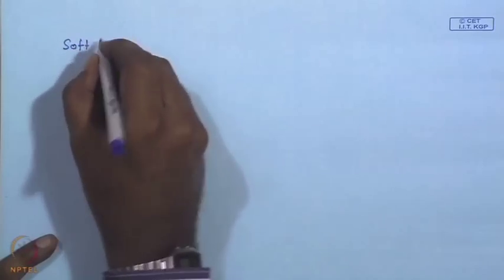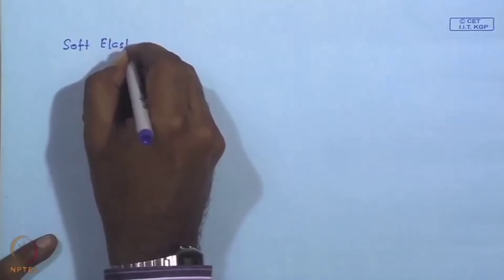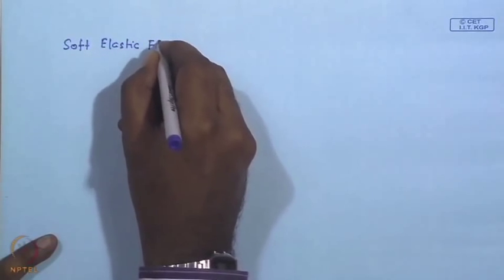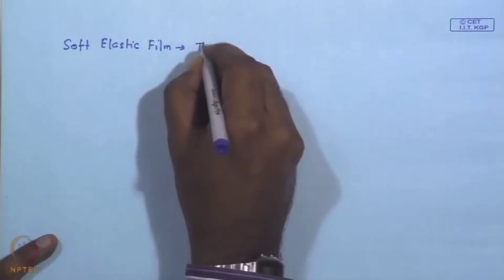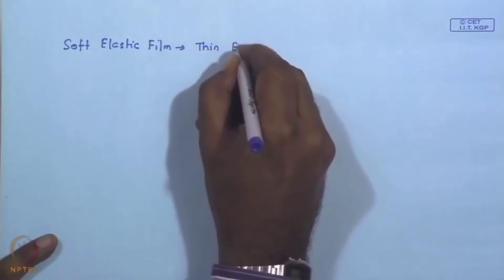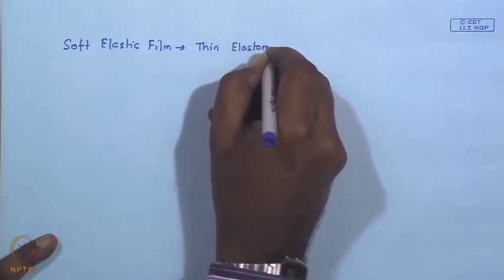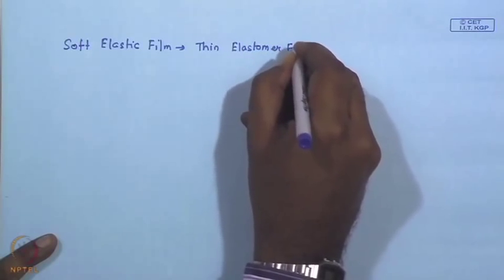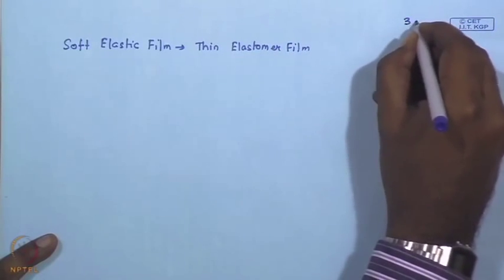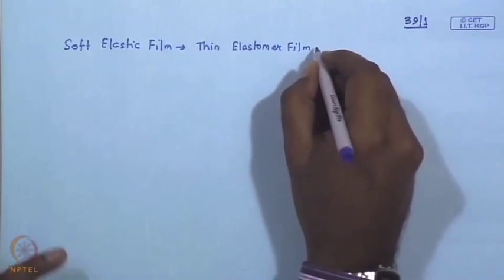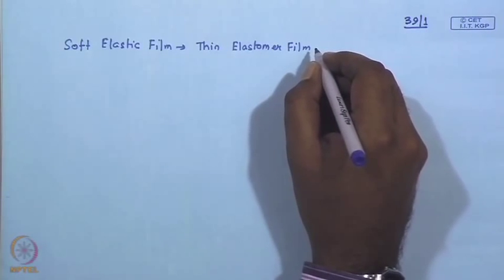So, a soft elastic film is essentially a thin elastomer film, and we have talked about an elastomer in pretty good detail while talking about soft lithography.